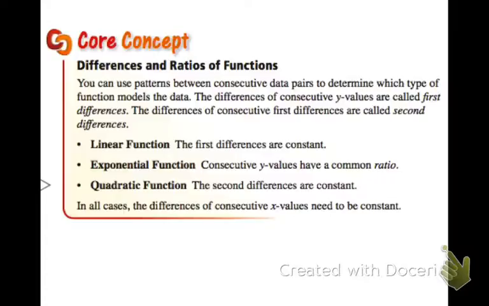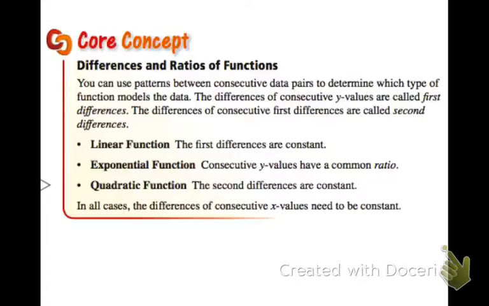In the exponential functions, again, you have experience with this as well, you have a common ratio in the consecutive y values. So we would search for the common difference, and since it's not a constant, then we look to see if there's a factor, something that we could multiply each thing by, and then we know that it's an exponential function. For quadratics, the second differences are constant. Okay? And what that means is that you do the linear function and maybe the first difference isn't constant.